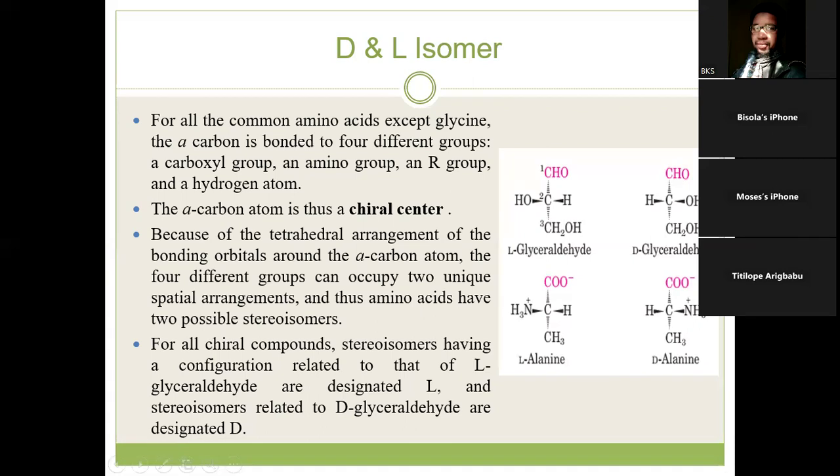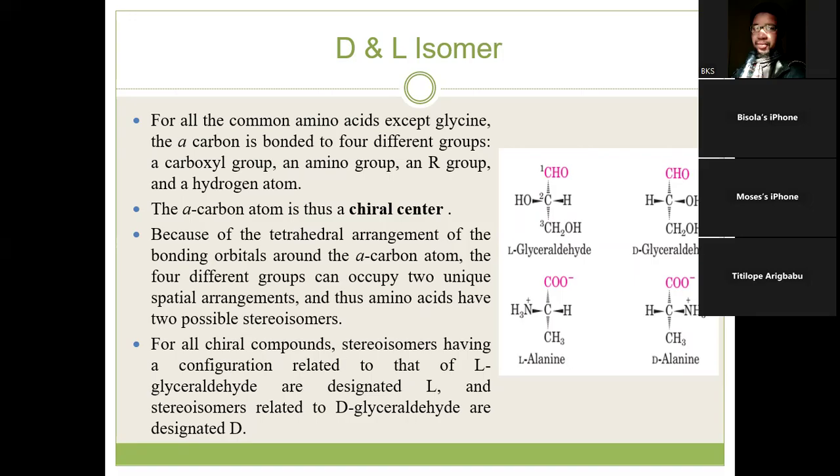Yes, sir. An asymmetric carbon is a carbon atom in an organic compound that is bonded to 4 different atoms. Good, Moses. So that's basically an asymmetric carbon, and we call it also a chiral carbon, right? So once a compound has this carbon, the arrangement of these atoms around the carbon can actually change. So if you have a compound with that carbon, only one, then that compound can have 2 raised to the power of 1 isomer.